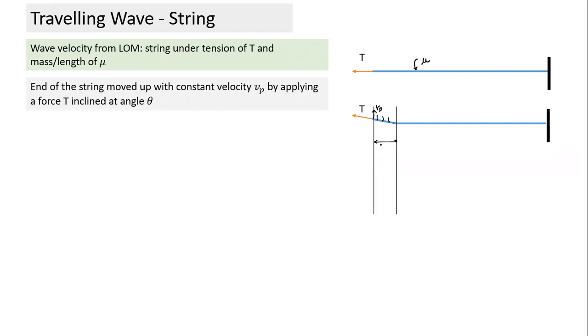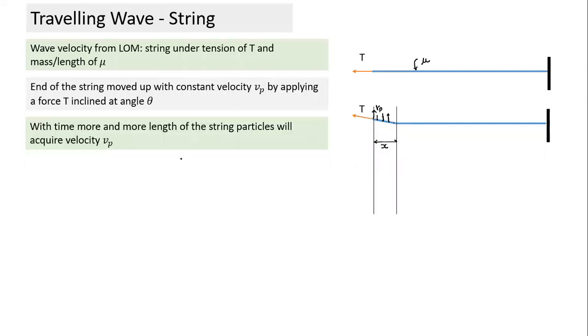Because of the motion here, all these particles in the string have acquired a velocity Vp in the vertical upward direction, and this part of the string is still unaffected. But as time goes, more and more of the string will get affected. And that's what we need to find: the rate at which the disturbance or wave travels on the string.